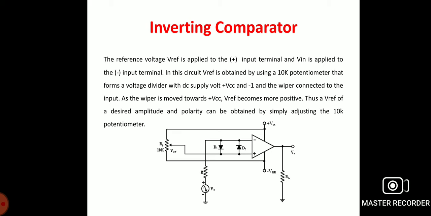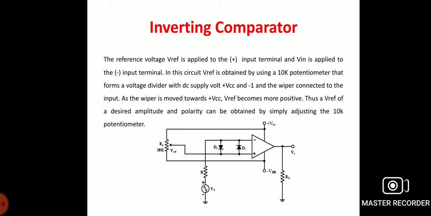Now we see the structure of the inverting comparator. In the inverting comparator, the reference voltage is equal to the positive saturation voltage of the output. So this is an inverting comparator.